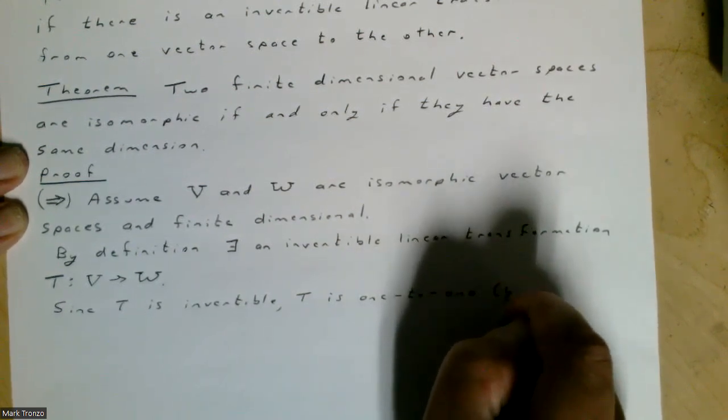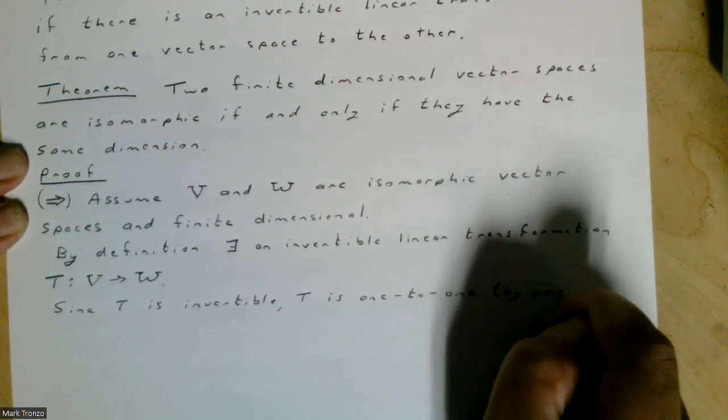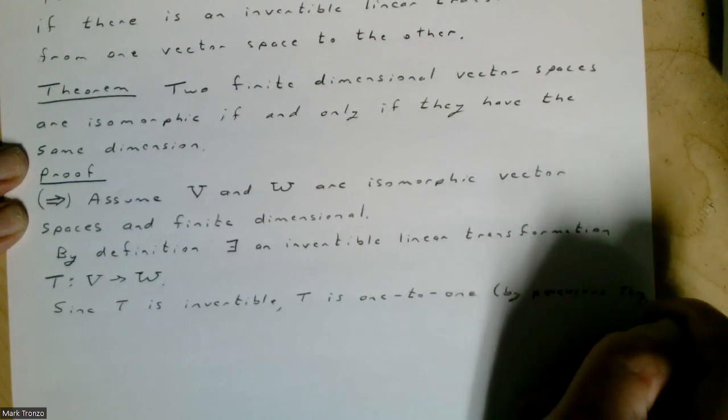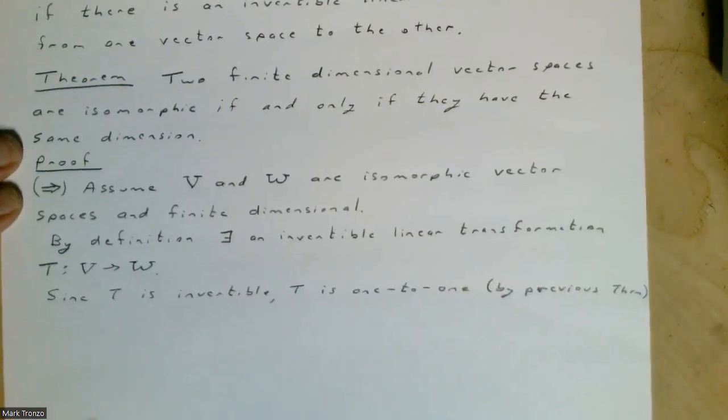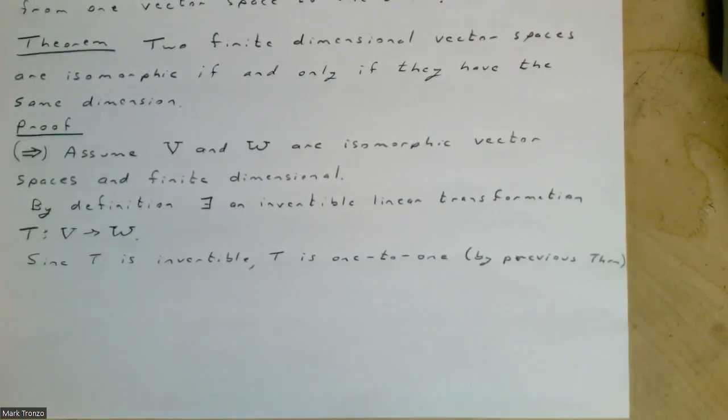And remember that by previous theorem, we said if it's invertible, it's one-to-one and onto. So if it's invertible, we know it's one-to-one.